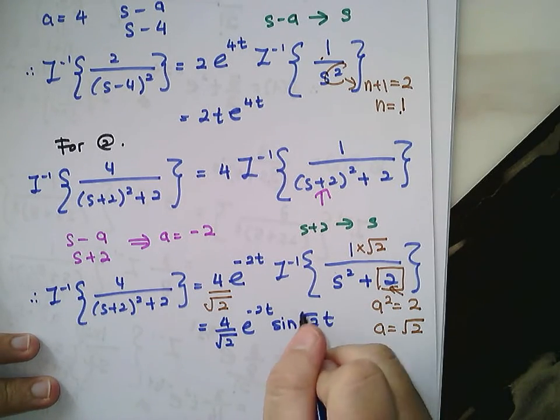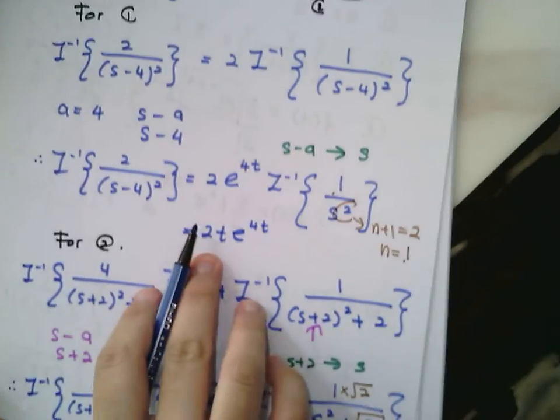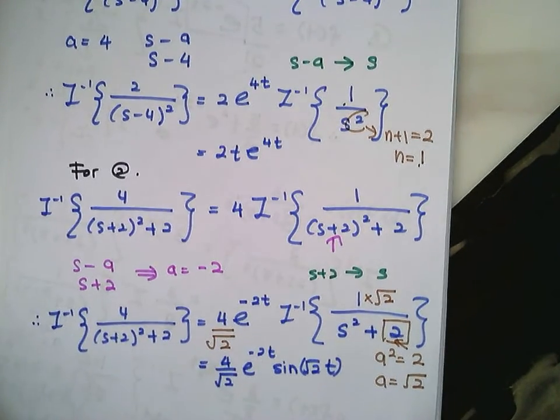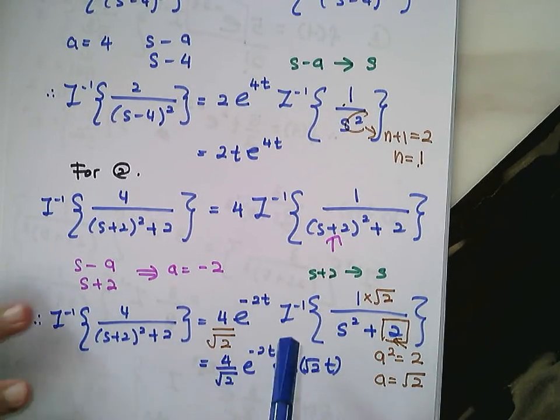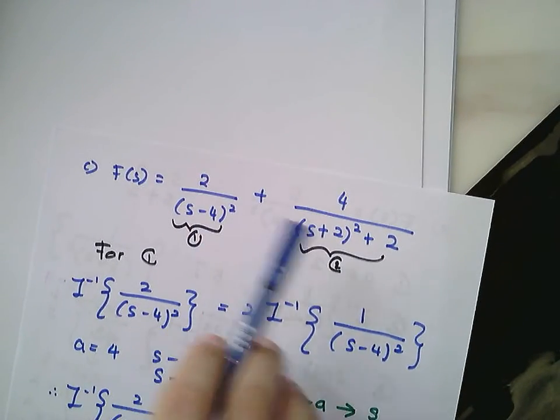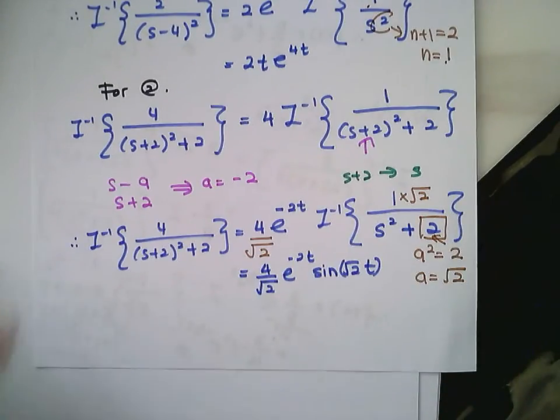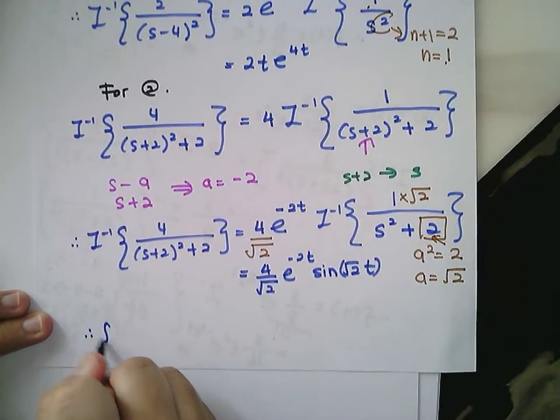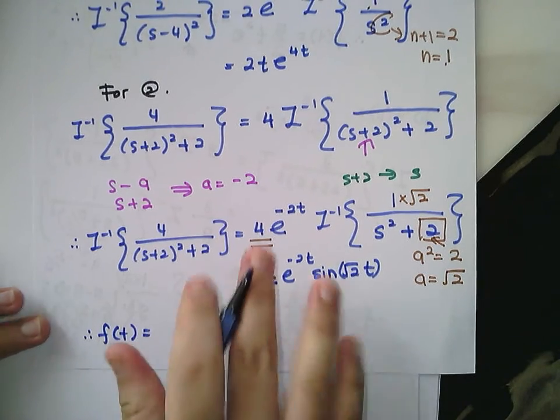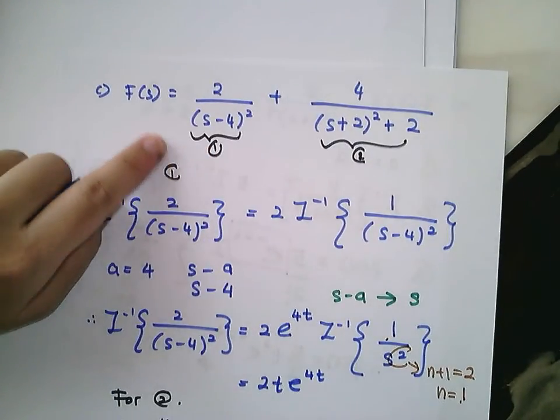Okay, so this is your first function, this is your second function. So you need to combine all these two functions. You cannot stop here because the question asks you this one plus this one. Okay, so therefore your ft is equals to, because now you are given this is your Fs.